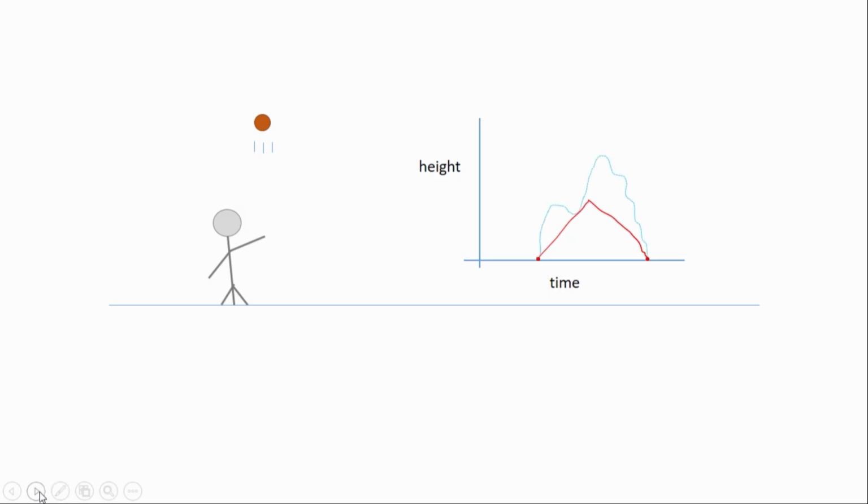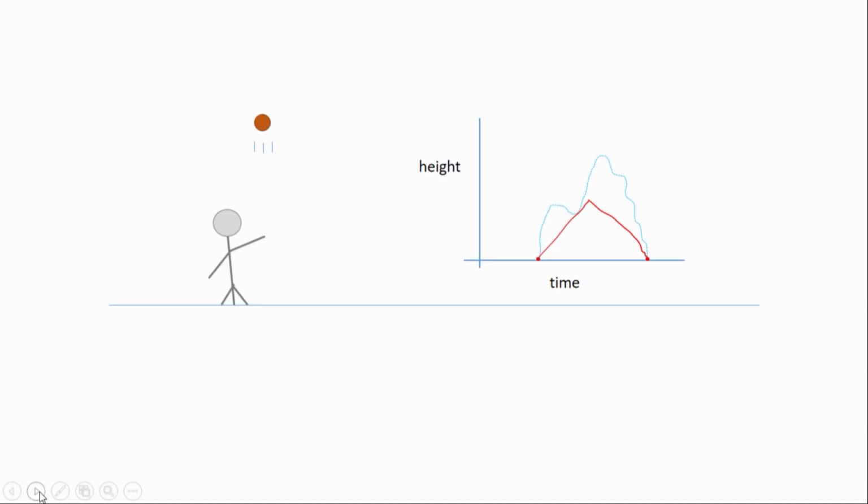For example, can this be the path traced by the ball with respect to time? Yes or no? How many of you think this possibly is a way? I mean, I'm throwing a ball to you, right? So would it travel this way? No.